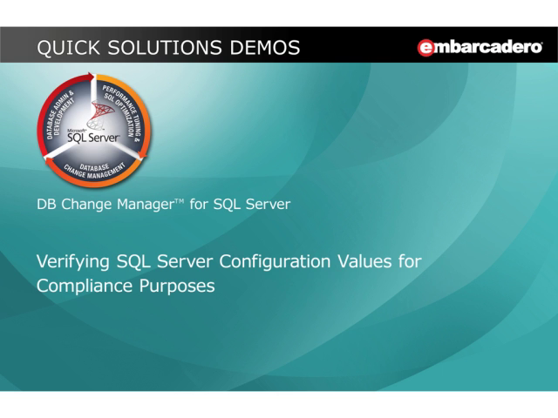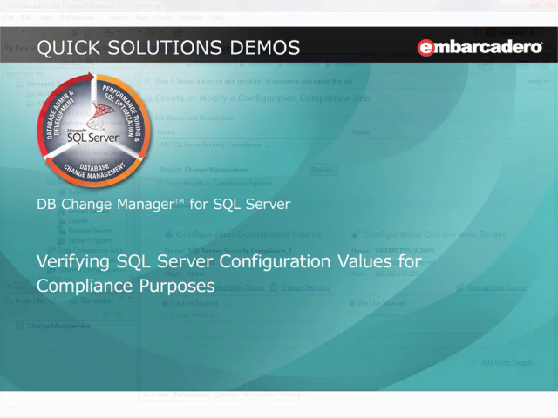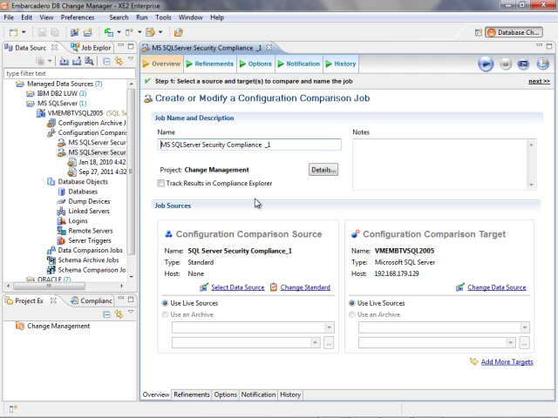In this video, I'm going to show you how to verify SQL Server configuration values for compliance purposes. Using Embarcadero's DB Change Manager, I can compare and synchronize database structure, data, or database configuration parameters against Oracle, Microsoft SQL Server, Sybase ASE, or DB2 LUW.